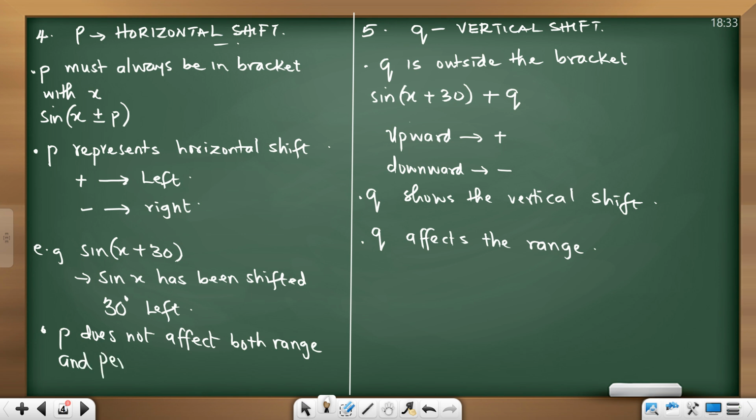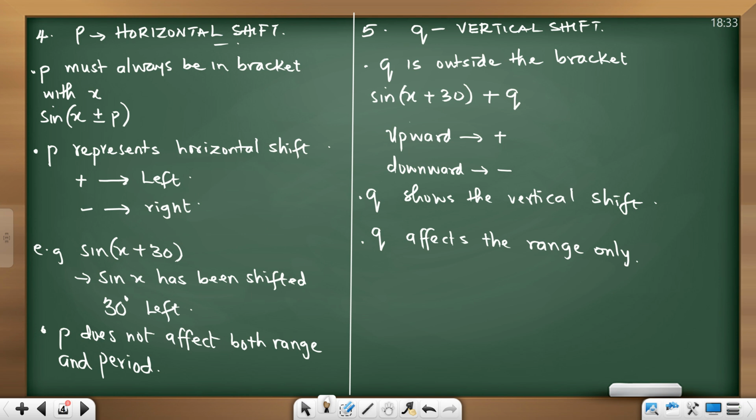It has nothing to do with both of them. Q affects the range only, whereas P has nothing to do with both. P only shifts left and right.